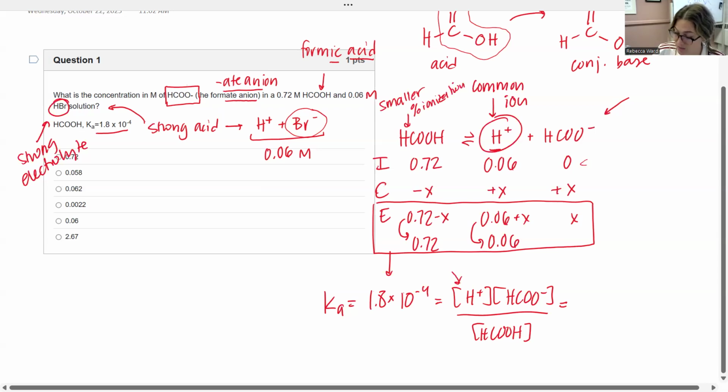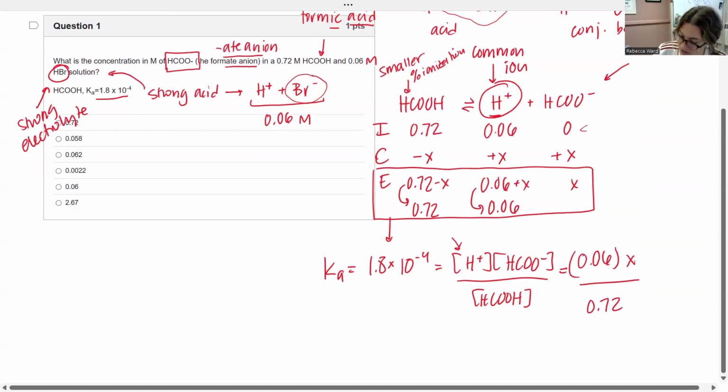All right, so let's plug our numbers in here. We've got 0.06 times X divided by 0.72, and we solve for X, which is our formate anion concentration.